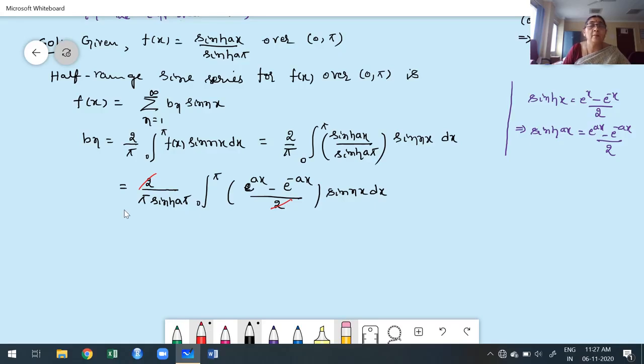In the next step, 1 by pi sine hyperbolic of a pi, times integral from 0 to pi of e power ax sin nx, minus integral from 0 to pi of e power minus ax into sin nx with respect to x, or dx.